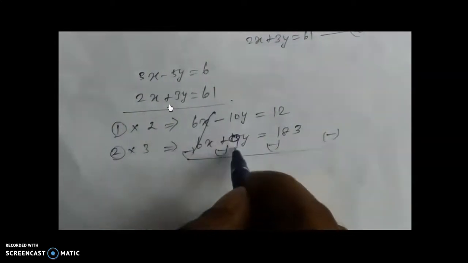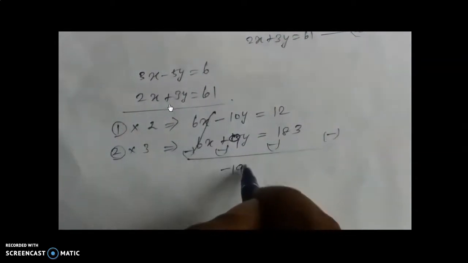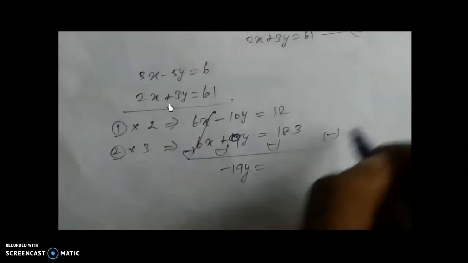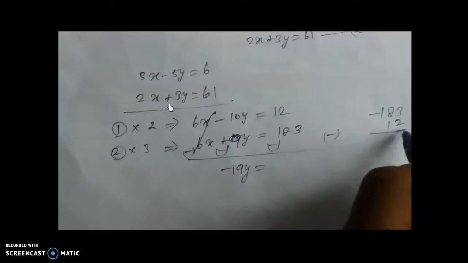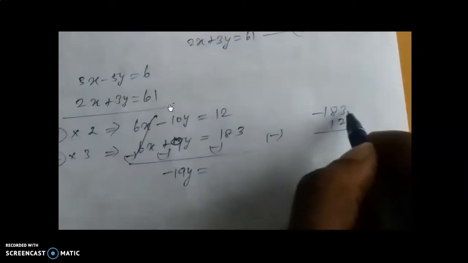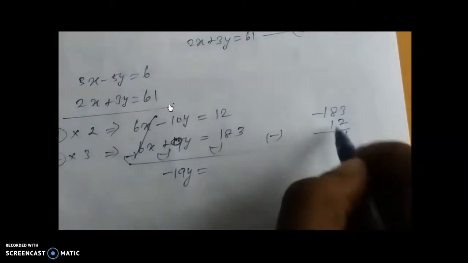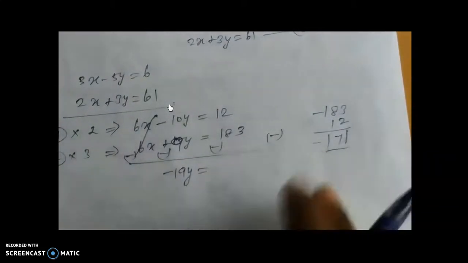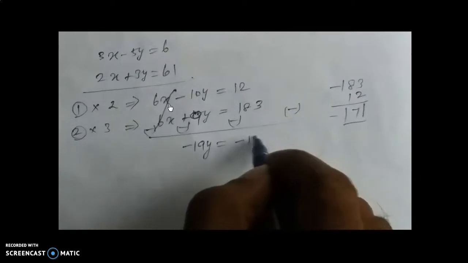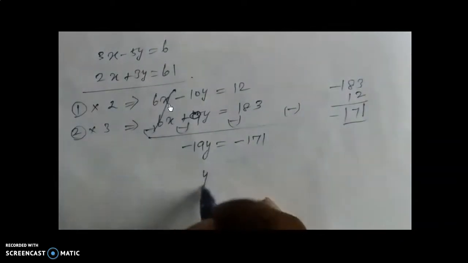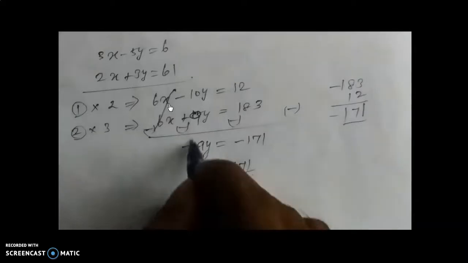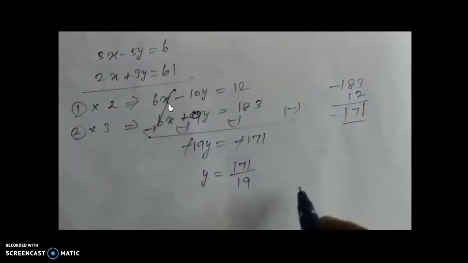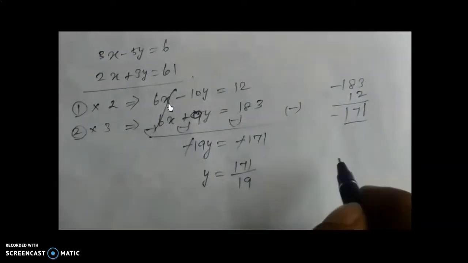Minus 10y minus 9y is minus 19y equals 12 minus 183. Subtract these two now: 3 minus 2 is 1, and 7 minus 1 is 6, so minus 171. Therefore y equals 171 by 19, since minus minus gets cancelled. So just divide it now.